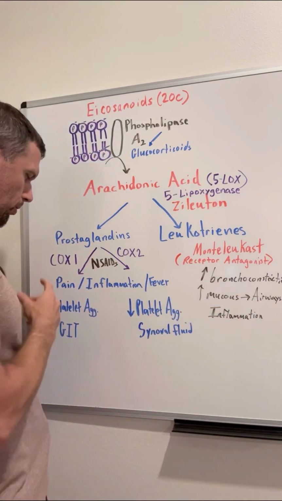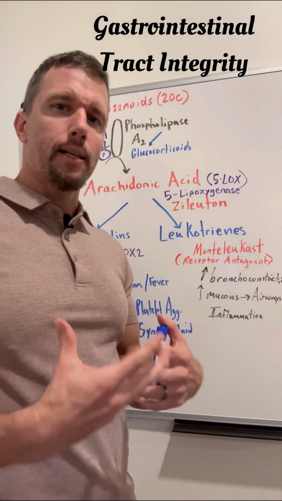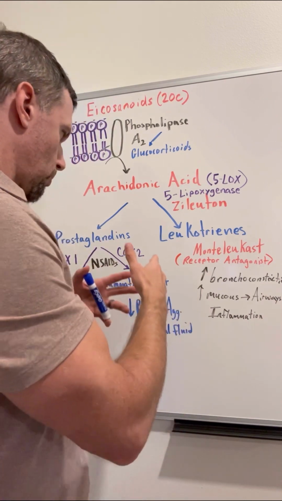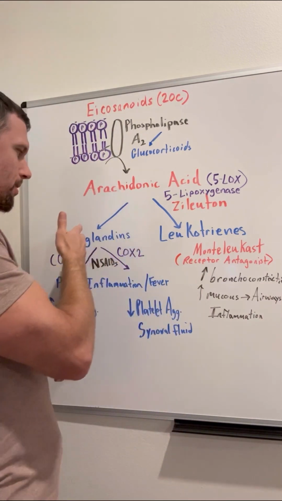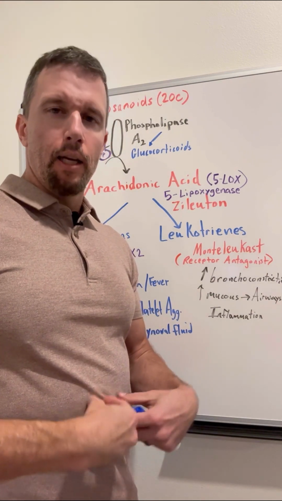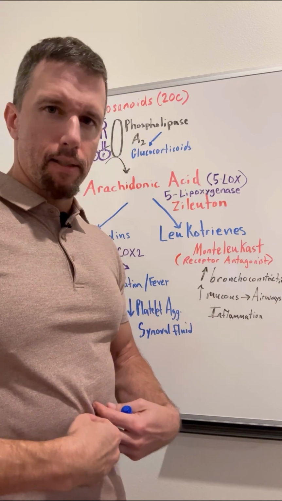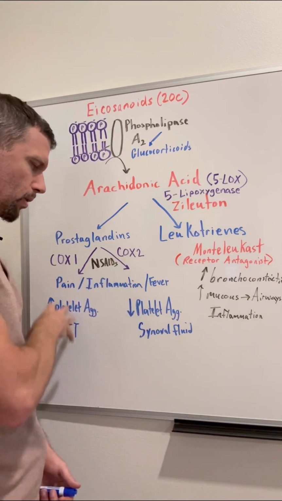This side also increases the GIT integrity, the gastrointestinal tract integrity. So whenever COX-1 acts to make a prostaglandin in the stomach, it'll increase mucus production and improve the barrier of our stomach from the hydrochloric acid. So that's on the COX-1 side.